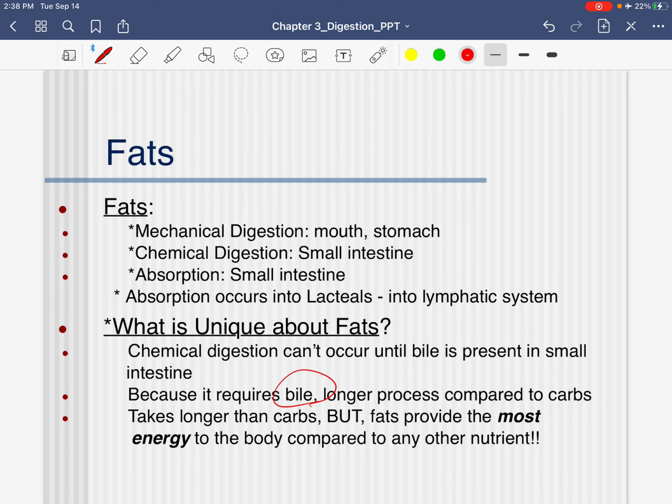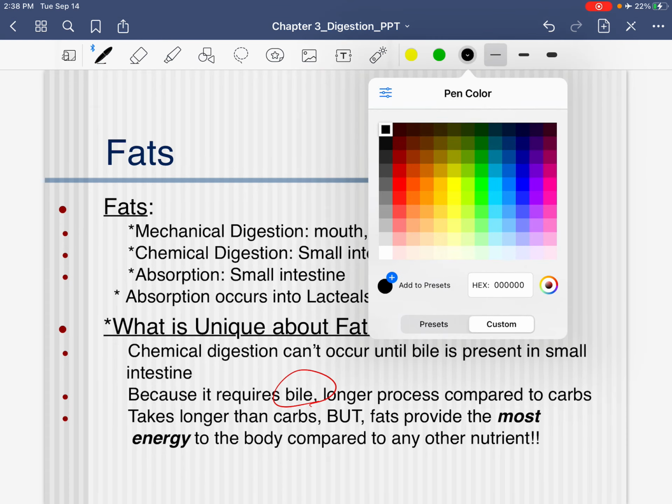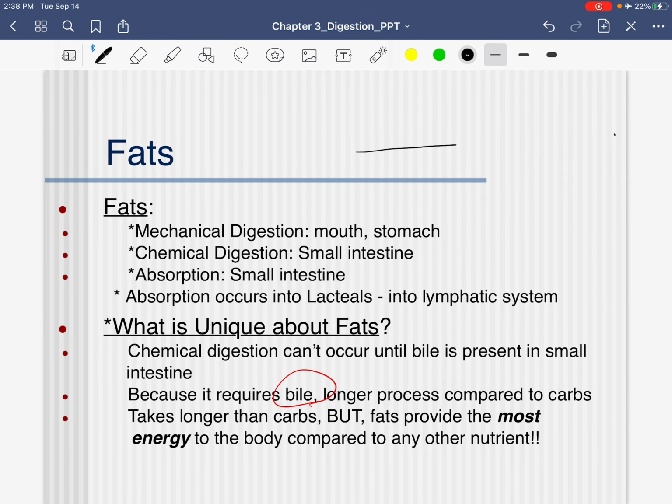I didn't include this before, but I want to include it now. Small intestine wall. We saw it before. The small intestine wall has villi. This is the inside of the small intestine wall, and this is the outside facing the blood.